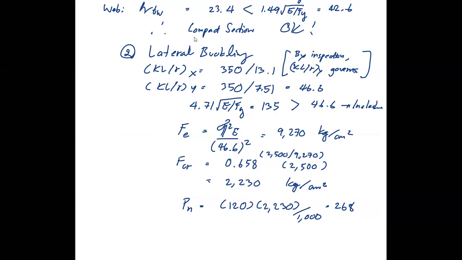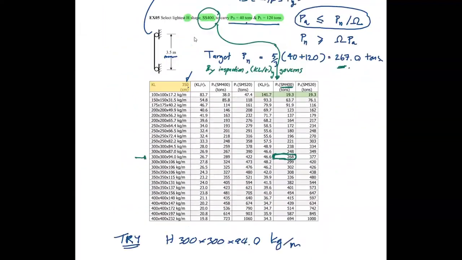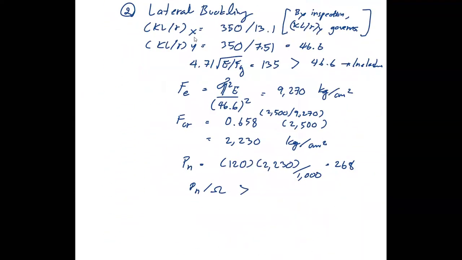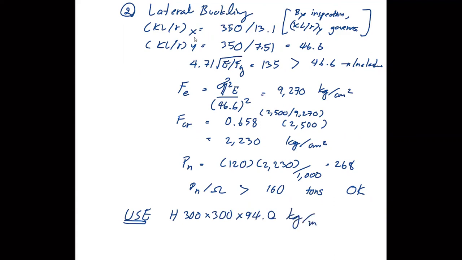So therefore, P nominal divided by factor of safety is greater than 160, right? That's all. I don't have the number, but it should be somewhat larger. So, in the end, you say we are going to use H 300 by 300 by 94 kilogram per meter.